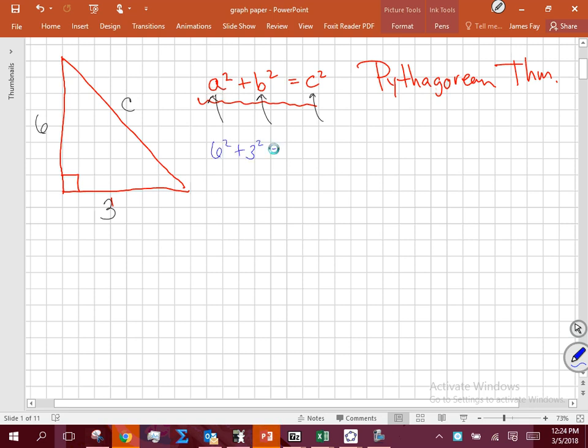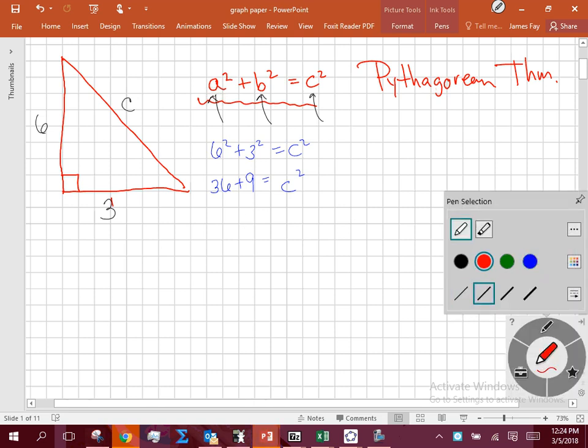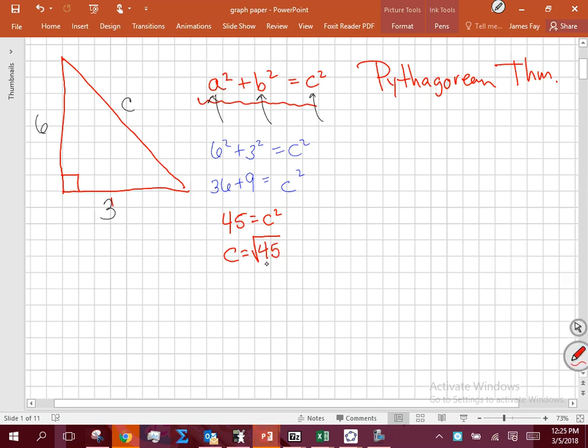What would 3 squared be? So we get 36 plus 9 is equal to C squared, right? What's 36 plus 9? 45. So we get 45 is equal to C squared. So what's C? Square root of 45 initially, right?